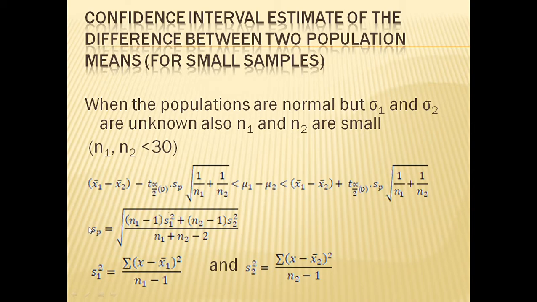So what is this SP, or pooled standard deviation? It is equal to n1 minus 1 into small s1 square plus n2 minus 1 into small s2 square, divided by n1 plus n2 minus 2. This is the formula for s1 and this is the formula for s2 square.